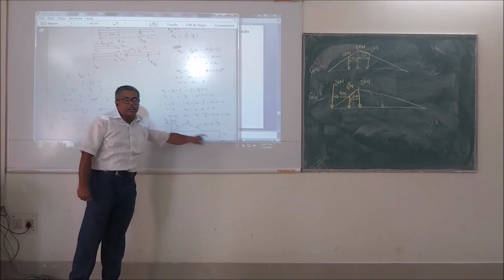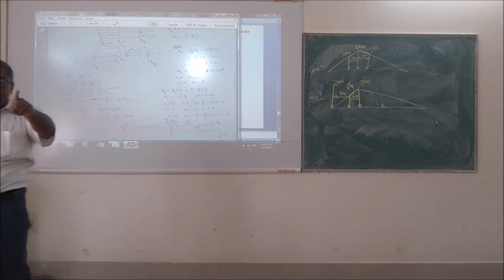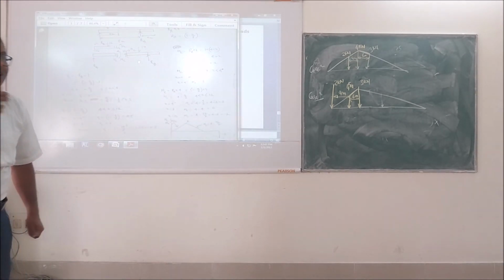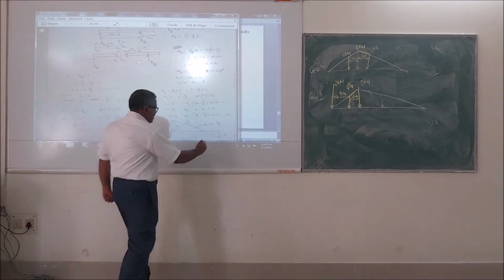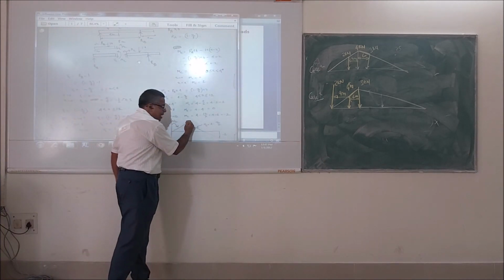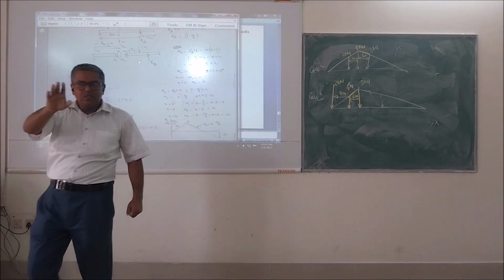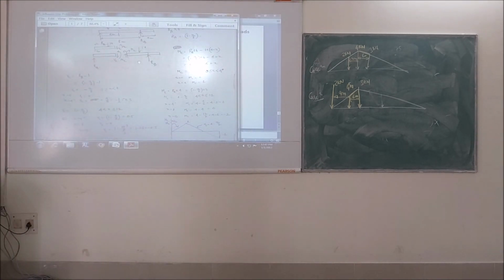This negative portion you didn't have in the case of a simply supported beam. That is what I was telling you, that in case of an overhang beam, here you are having a rising slope, and then here you can have a negative portion. Understood? So this is the typical overhang beam problem.